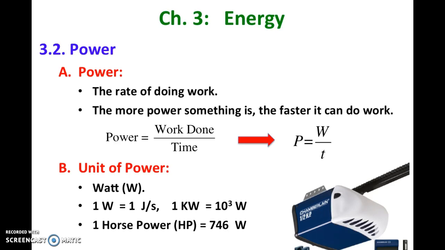Another power unit is called horsepower, HP, which is equivalent to 746 watt. For example, the power of a garage opener is 1/3 horsepower.